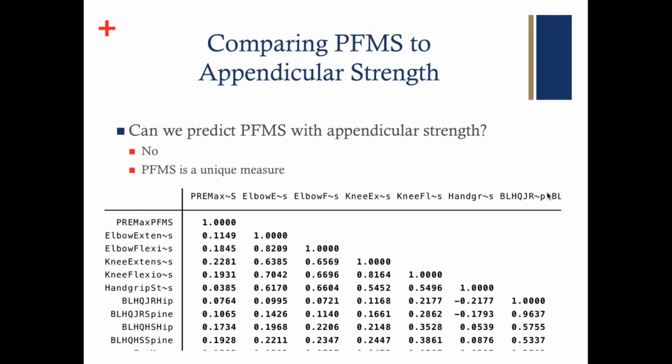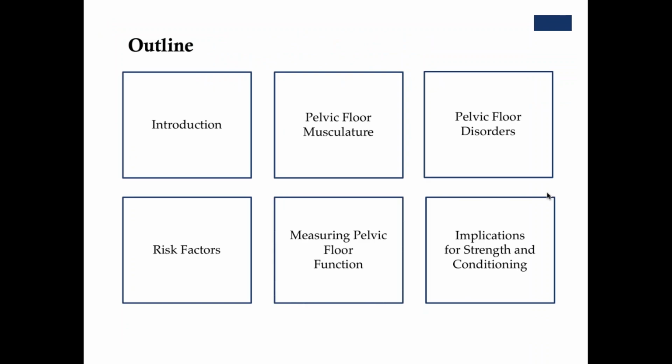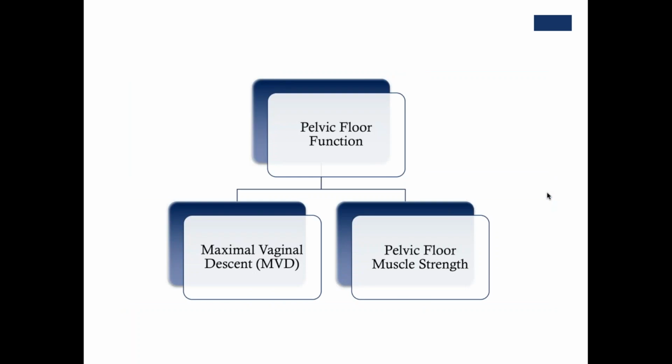Well, we found that is not the case, not at all, not even closely correlated. So that tells us it's a unique measure, and we know due to muscle specificity that it's important that we purposefully target the group of muscles that we wish to strengthen or change. And if we're not purposely strengthening or changing our pelvic floor muscles, they don't magically increase in strength and endurance.